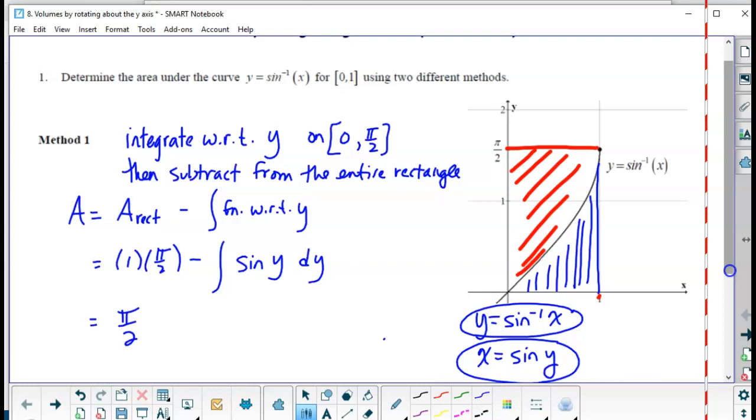Oh, I forgot to put in here. So now, with respect to y, it's going from 0 to pi over 2. So now we're subtracting. Integral of sine will be negative cos.